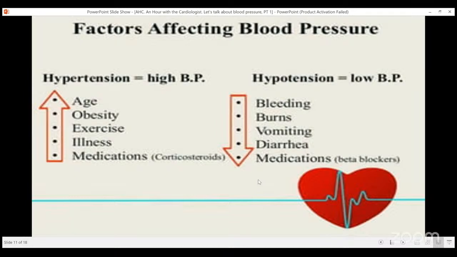In short, most people will have normal blood pressure during pregnancy. Some will have elevated blood pressure during pregnancy, and once they deliver, the blood pressure comes down. On the other hand, some experience low blood pressure during pregnancy. All of this is as a result of hormonal play.